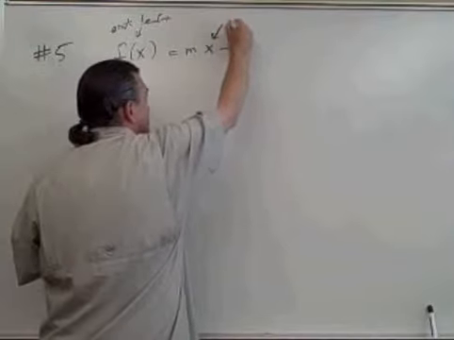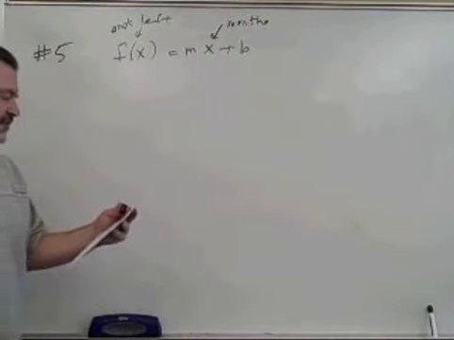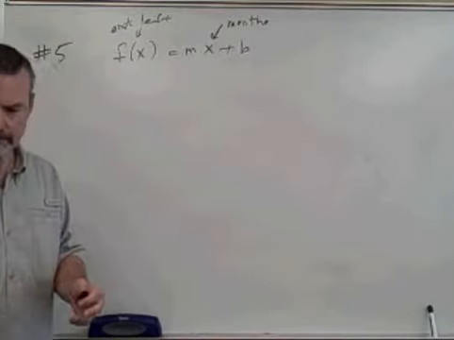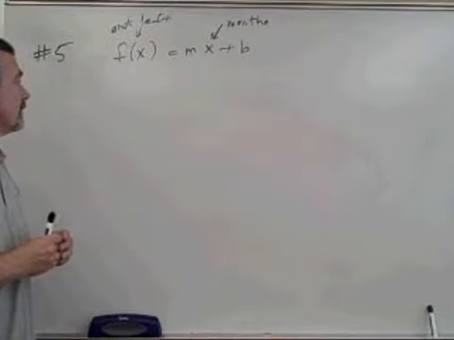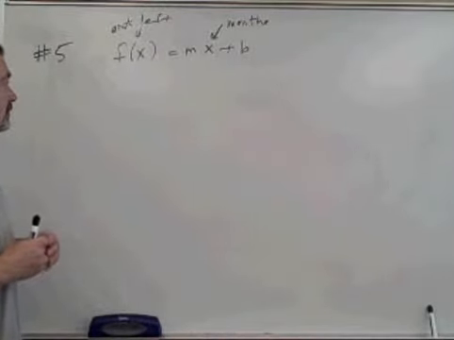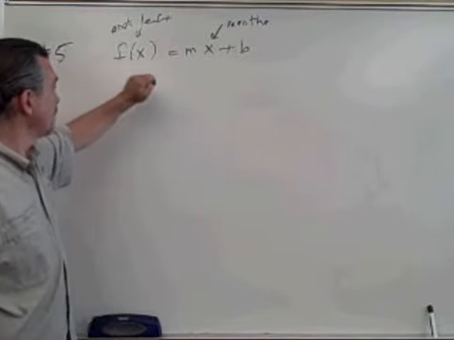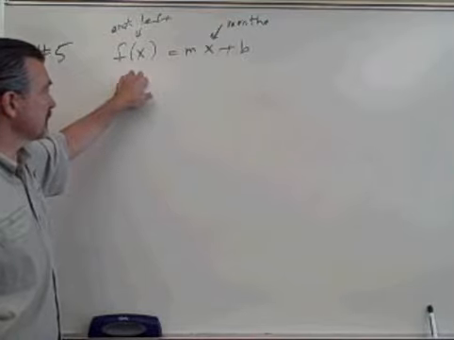So x is the months since she started withdrawing funds. So we need to try to create that linear function. So x is months, and f of x, the function, is the amount she has left.